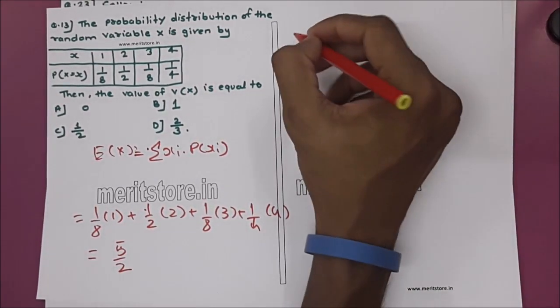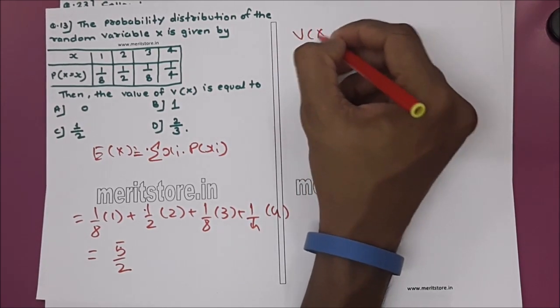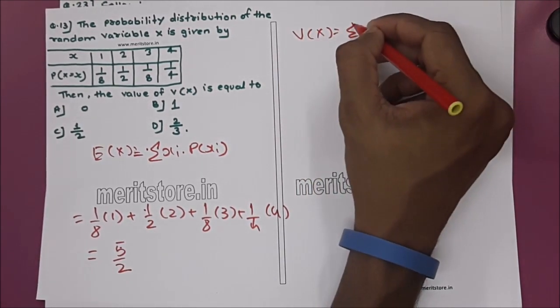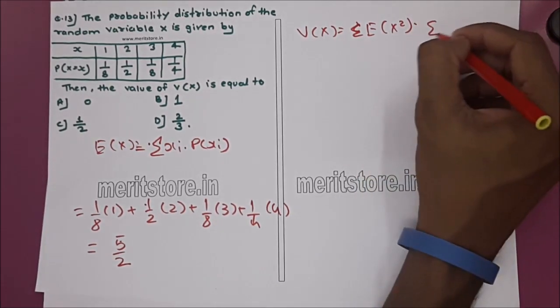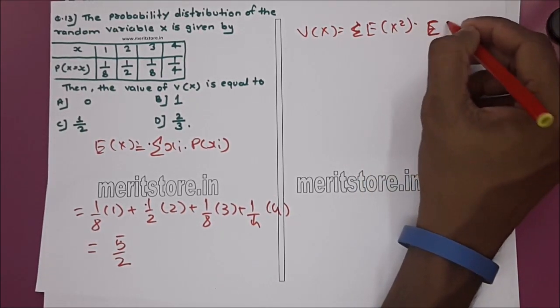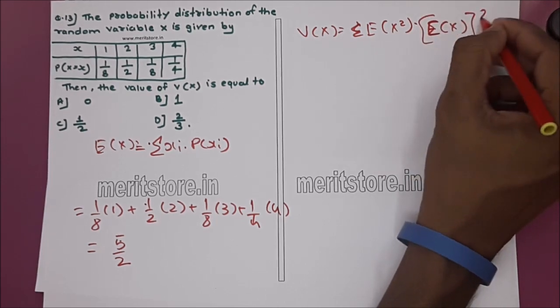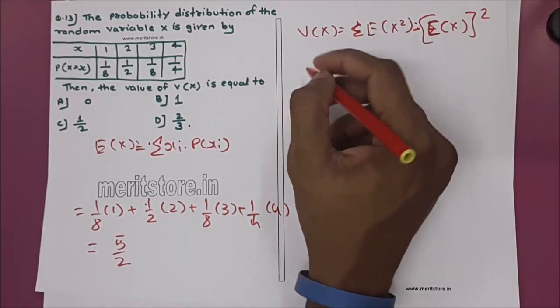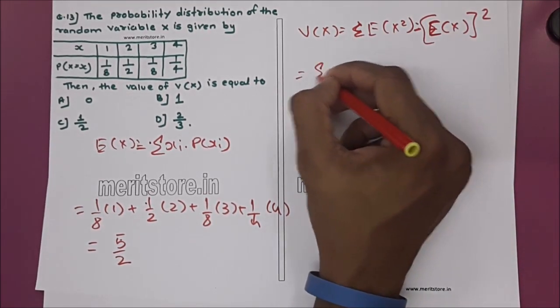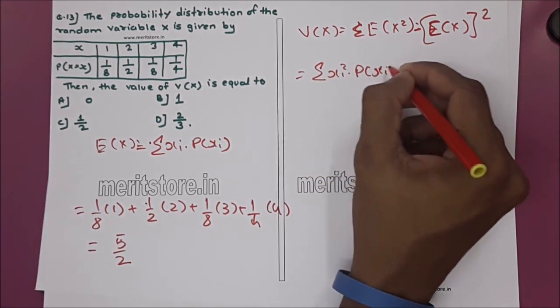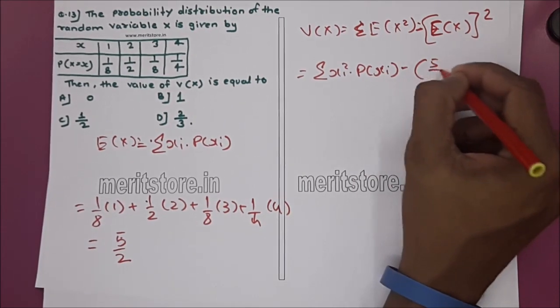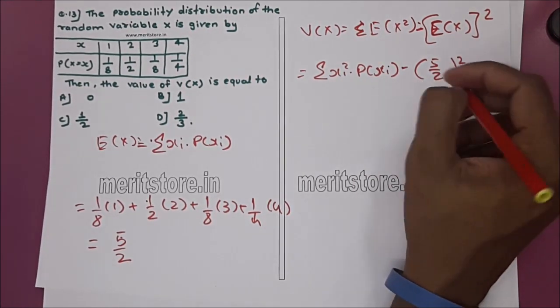So we know that V(X) is equal to E(X square) minus E(X) the whole square, that is summation of xi square into P(xi) minus 5 by 2 the whole square.